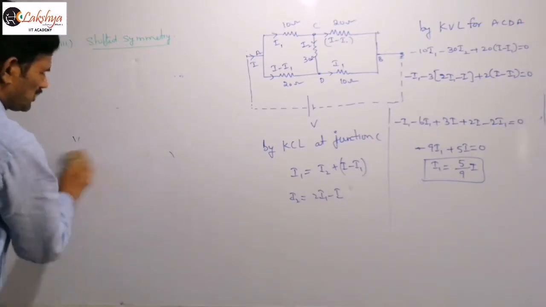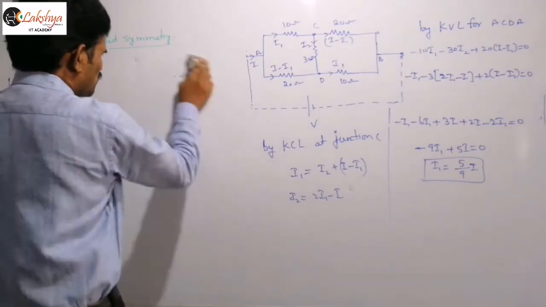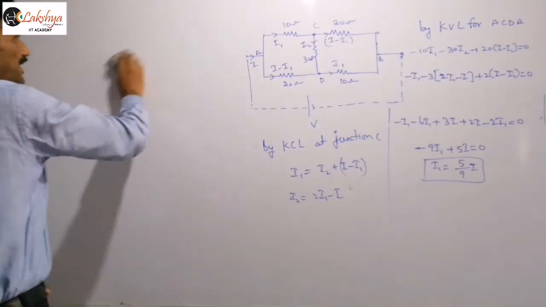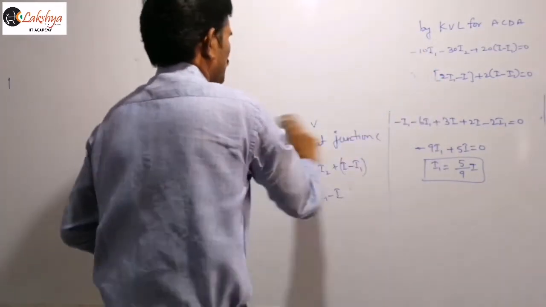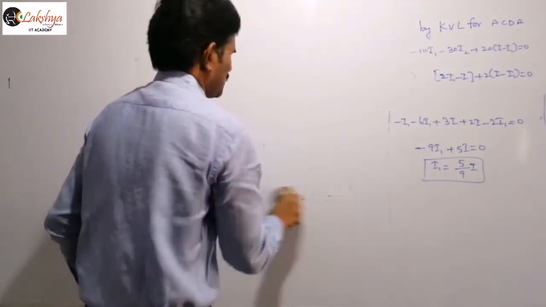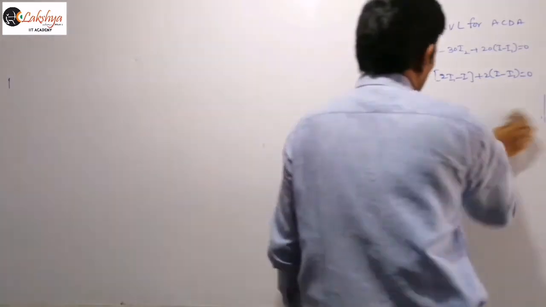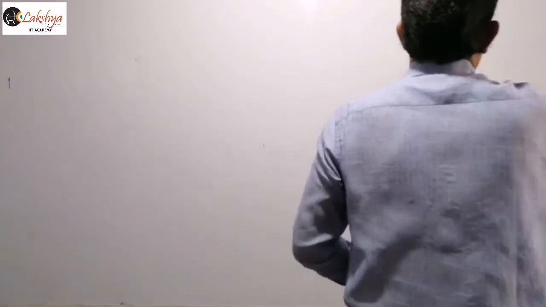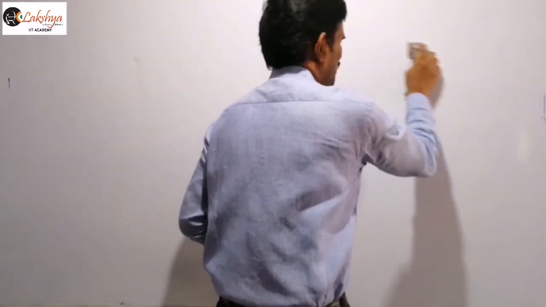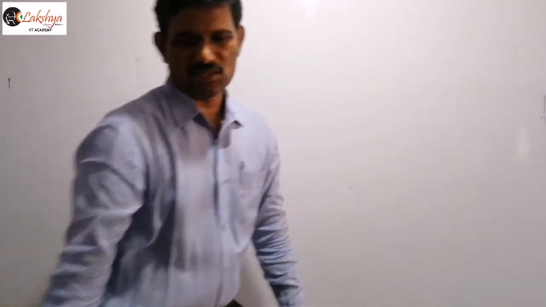So simply remember that shifted symmetry means if we interchange those two resistors, it should become a balanced Wheatstone bridge. And then we can consider that the circuit is in shifted symmetry, and those resistors should be same here. Resistors should be same means entering and leaving, those resistor values must be same.